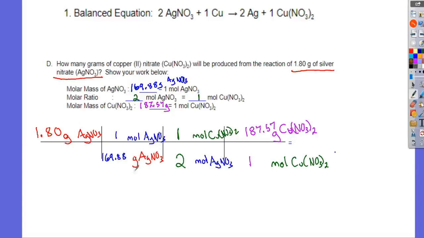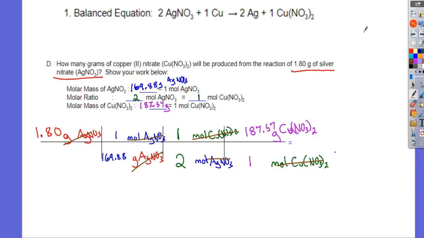Now looking at my units: grams of silver nitrate, grams of silver nitrate, moles of silver nitrate, and moles of silver nitrate, moles of copper nitrate, and moles of copper nitrate. I'm being left with grams of copper nitrate, which is what I was asked for in the original question. So let me put this into my calculator. I have 1.80 times 1 times 1 times 187.57, enter.